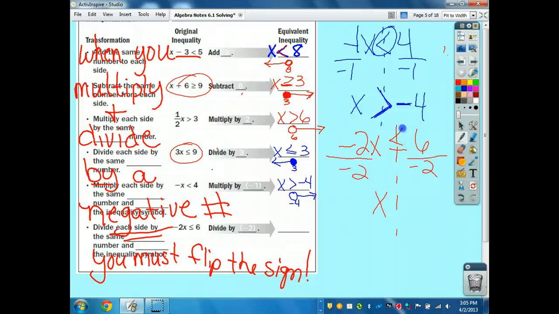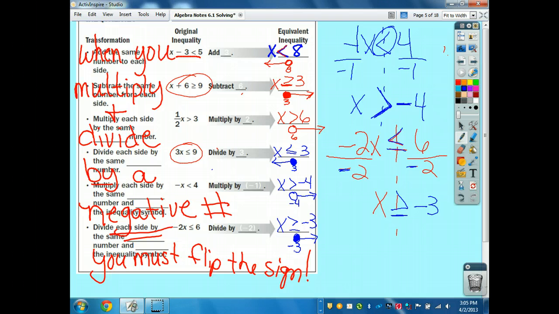Yes, we must flip this because we're dividing by a negative. So x is greater than or equal to -3. Open or closed circle? Closed. Arrow to the right, put your -3 under it.